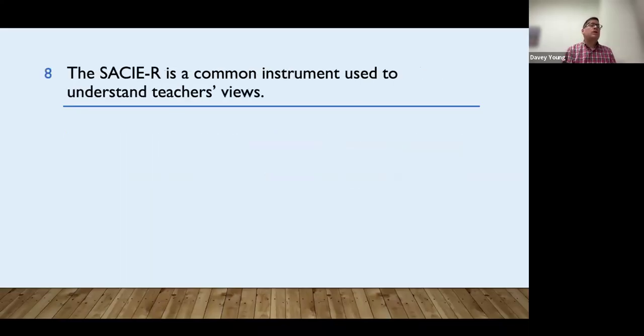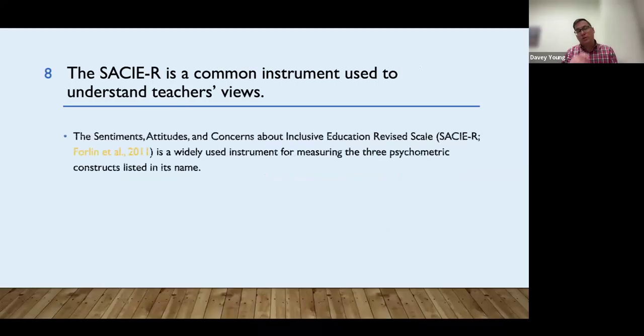Now, one of the most common instruments used to investigate teachers' views of inclusion is called the Sentiments, Attitudes, and Concerns about Inclusive Education Scale, which was created by a group of authors, Forlin et al. And it improved upon a previous scale, which didn't have the revised name, and that original scale pulled together 3 pre-existing scales that were widely used in the preceding couple of decades.